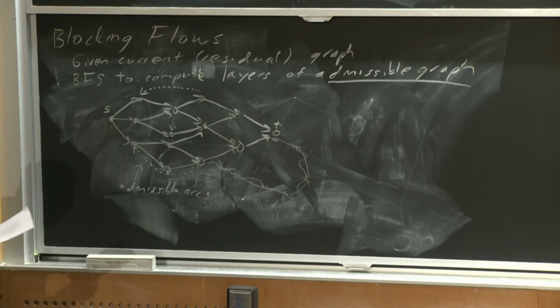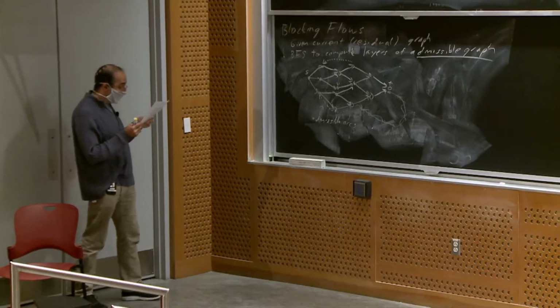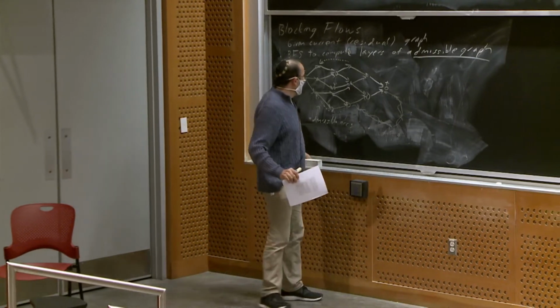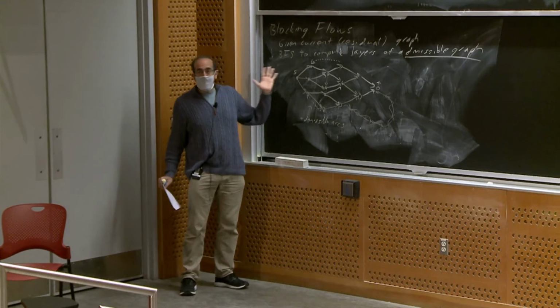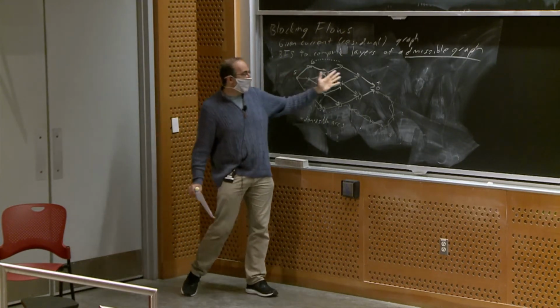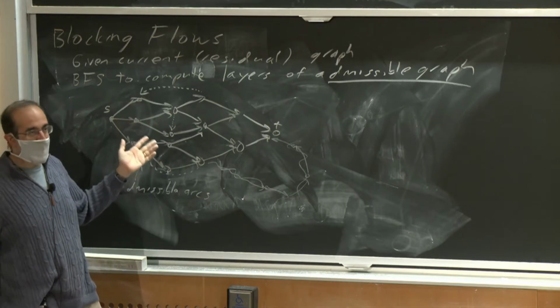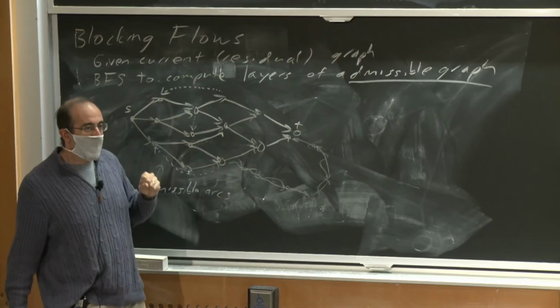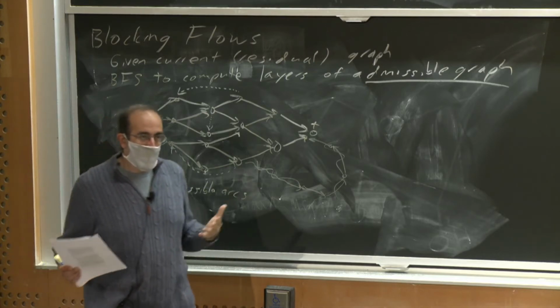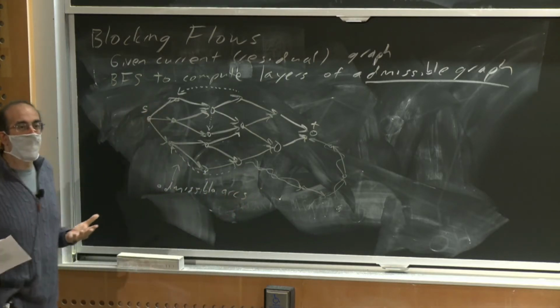All right. So we have this admissible graph with its admissible arcs. And we find this as we're doing a shortest augmenting path computation, right? We're going to build this structure kind of as a side effect. And once we found it, what are the shortest paths in this graph?